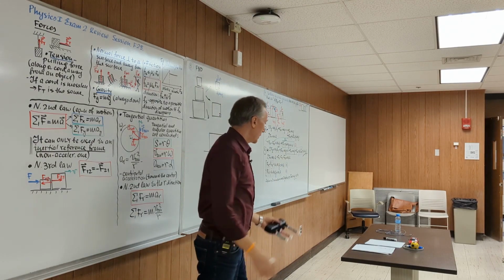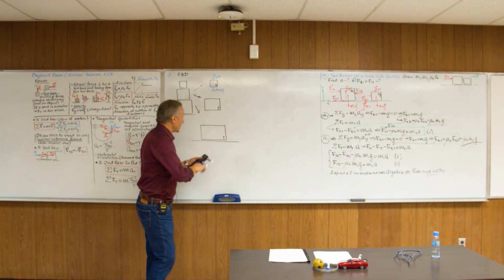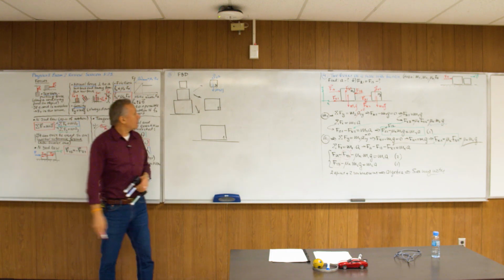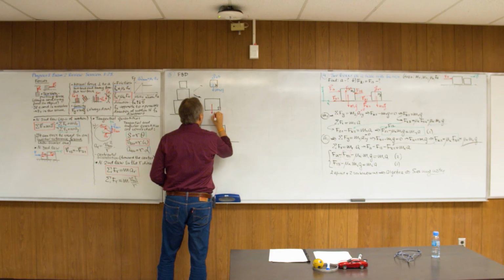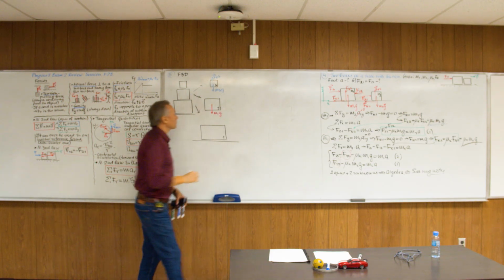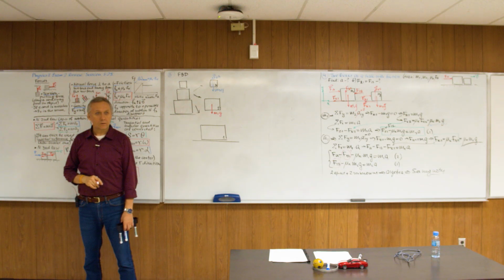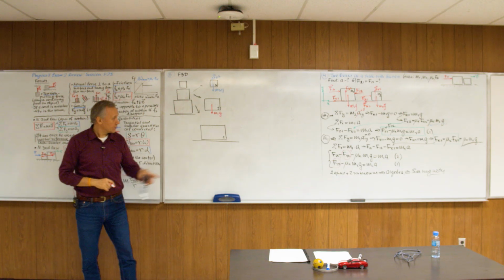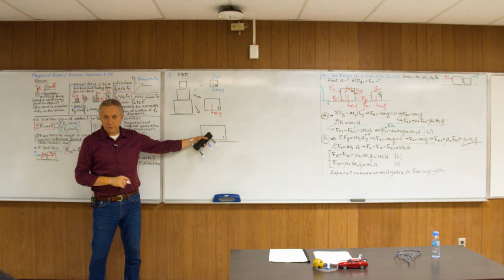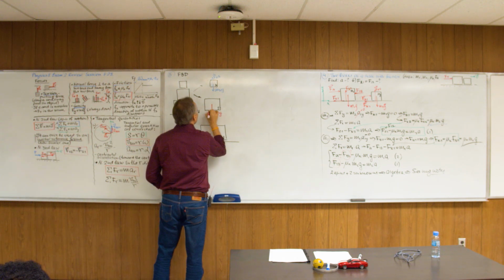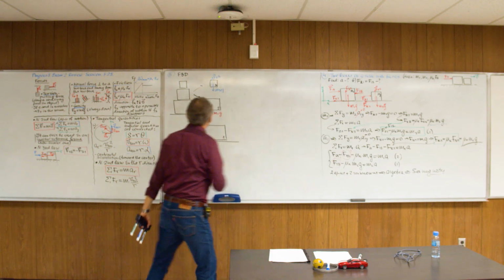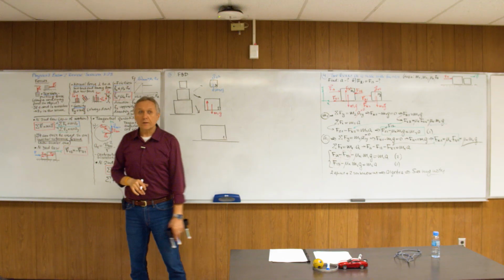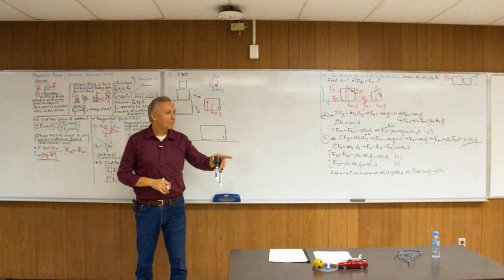Only 2. Then, second, okay, let me use red now. Gravity, m2g, then normal force from this guy, because they interact. So let me draw it over here, and let me label it. The most efficient way of labeling it: F21.